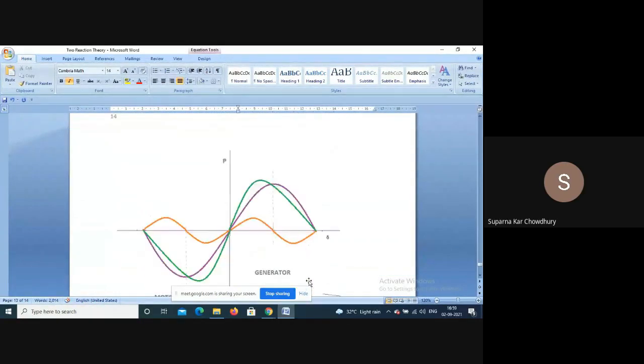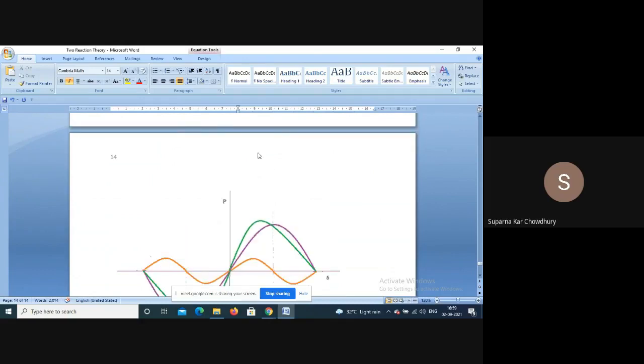So if we plot the power angle curve, it has got two components. One is a sinusoid, the fundamental sine delta, and the other is sine twice delta. So these two are added, so the curve is slightly distorted. The peak occurs before 90 degrees for a salient pole machine.